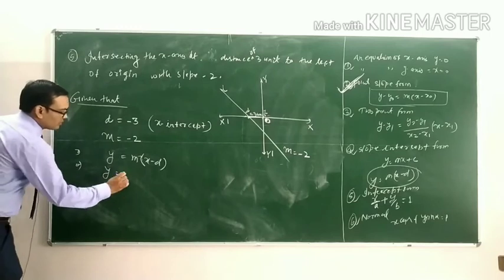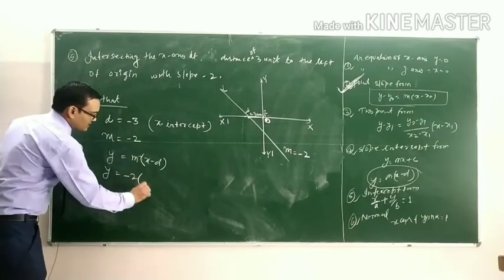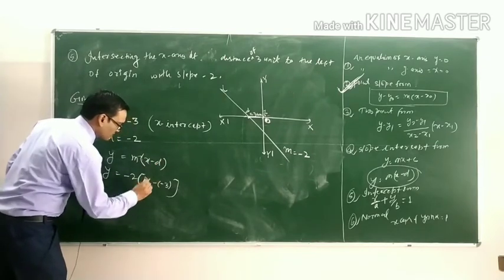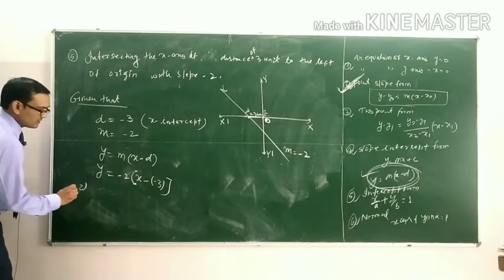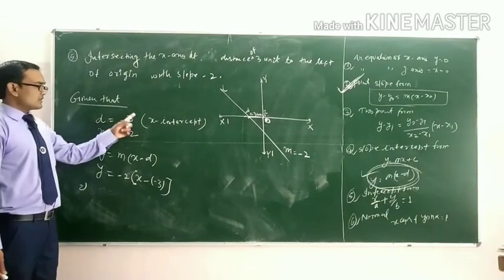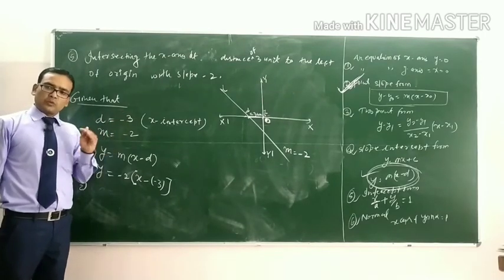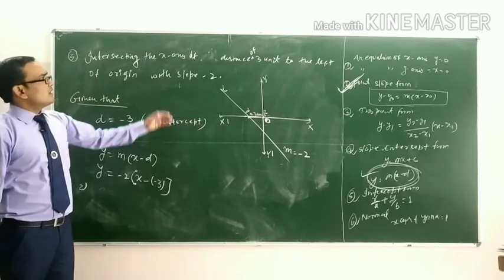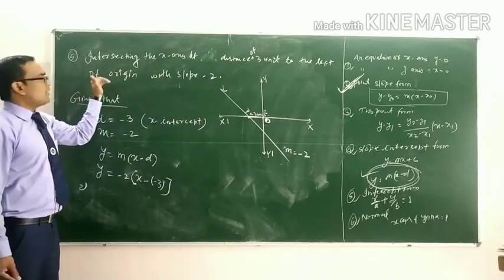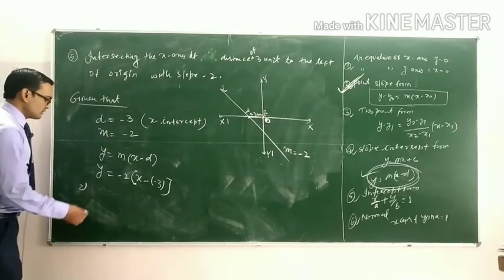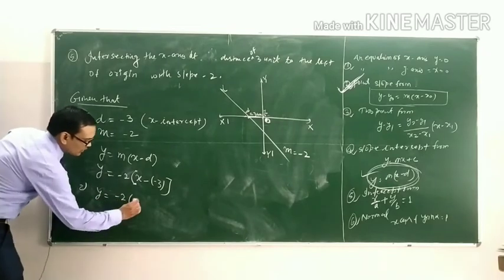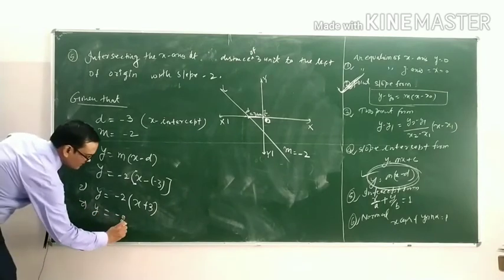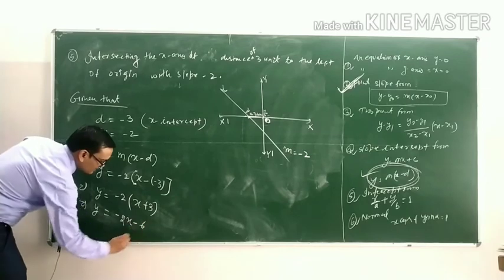This implies that y equal to, what is the value of m? -2 and value of d -3. Okay students, the value of d equal to -3. Why? Because x intercept is to the left of origin. Okay students, y is equal to -2x plus 3, this implies that y equal to -2x and -6.